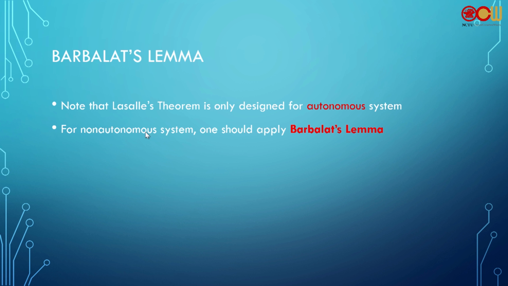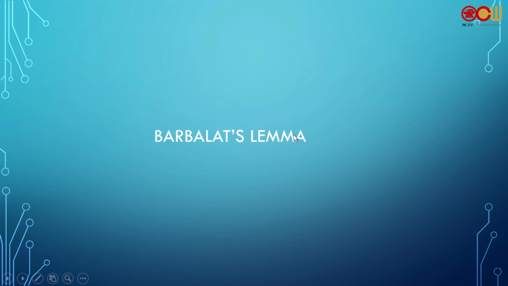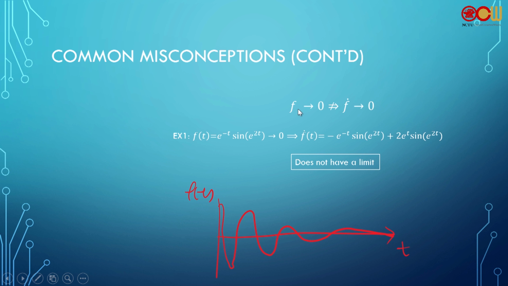You have similar conditions: V is positive definite, but V dot is negative semi-definite. What theory can you use? LaSalle's theory is only for autonomous systems. Now you have a similar situation, but for non-autonomous systems. Then the theory to apply is Barbalat's lemma. That's why we discussed the time derivative here, because non-autonomous systems usually contain time as an argument.